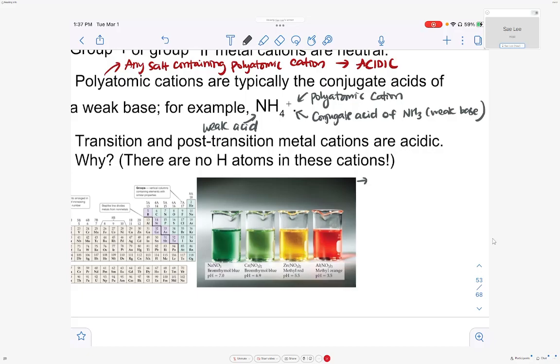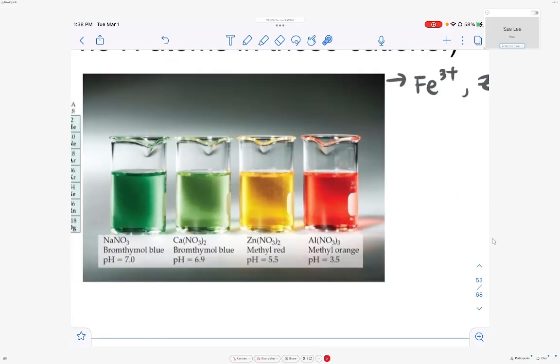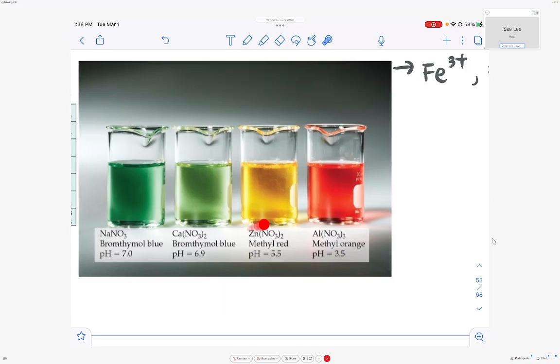So transition and post-transition metals such as iron 3 plus, zinc 2 plus, or aluminum 3 plus, for example. Any salt that contains these metals is going to be pretty acidic. For example, in the picture here, zinc nitrate and aluminum nitrate are two salts that are acidic, pH pretty low. Why? Because these contain these transition metals.